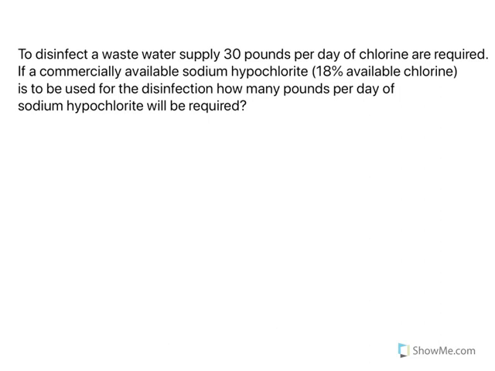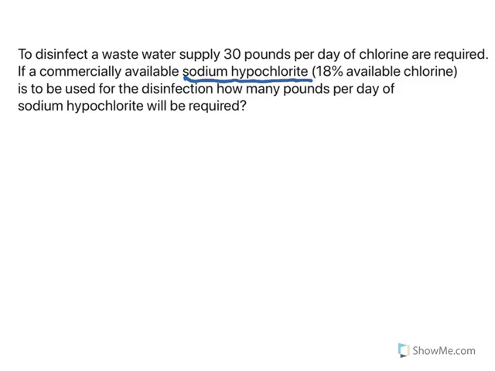If you've done any reading in the chapter, hopefully you remember that chlorine gas is very dangerous, very inexpensive, but also very dangerous, actually deadly in large enough quantities. So one of the alternatives to using chlorine gas for disinfection would be to use something like sodium hypochlorite.